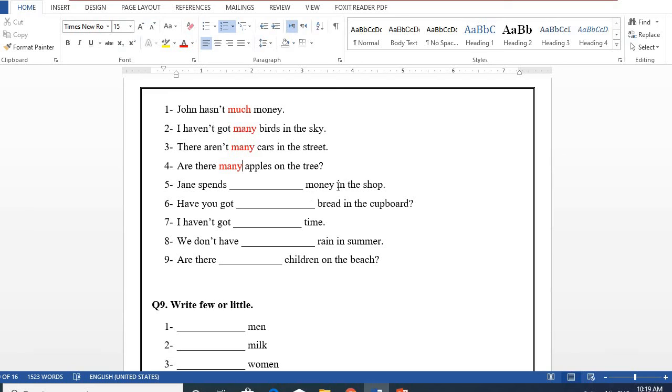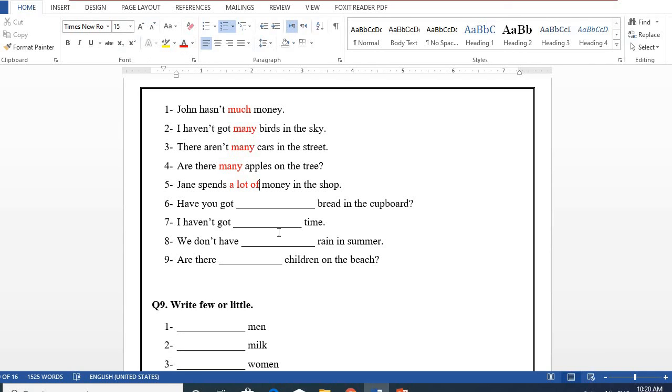Jane spends money in the shop. My sentence isn't negative, it is affirmative, and I have money as an uncountable noun. So, uncountable noun, affirmative sentence, I will use a lot of. So, Jane spends a lot of money in the shop.